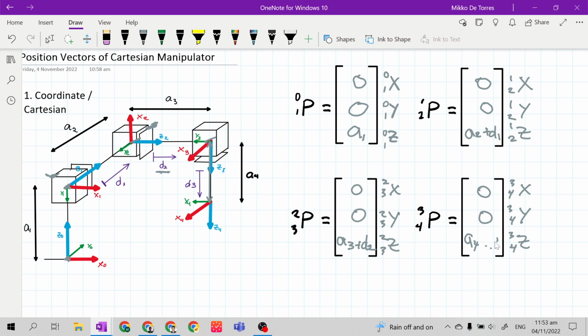Remember that. So a4 plus d3. This is the position vectors of a Cartesian manipulator.